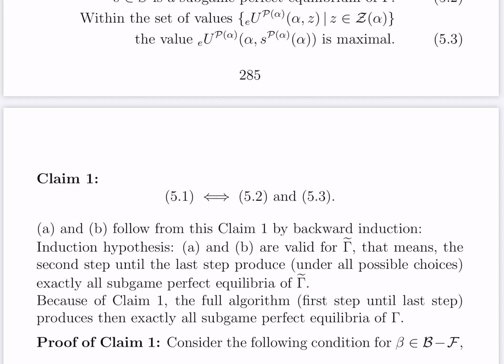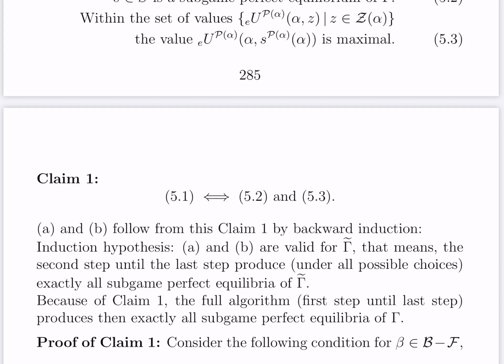So this induction hypothesis and claim 1 now give us what we want. If we apply backward induction, then the induction hypothesis says that the restricted strategy combination S tilde gives subgame perfect equilibria of gamma tilde.